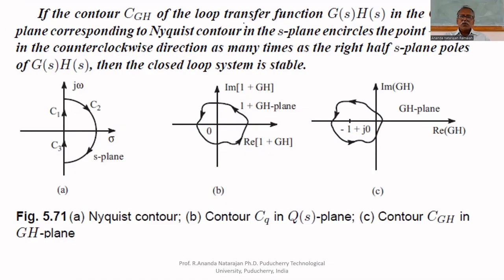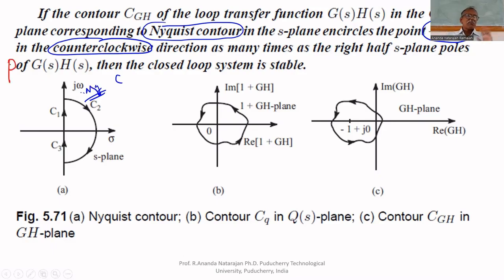If the contour CGH of the loop transfer function G(s)H(s) in the GH plane, corresponding to the Nyquist contour in the S plane, encircles the point -1 plus j0 in the counterclockwise, that is anti-clockwise, direction as many times as the number of right half S plane poles of G(s)H(s), it means P number of times it should encircle, then the closed loop system is stable.